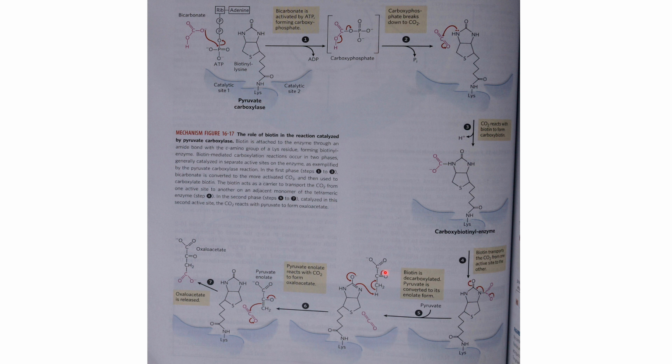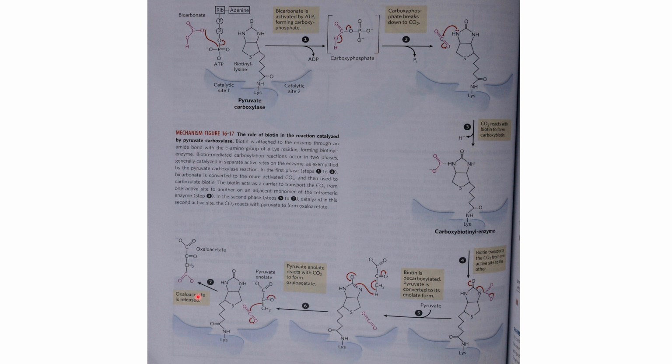So this is a pyruvate enolate, and it reacts with the CO2 right here to form oxaloacetate. You have an enolate formed right there, and the CO2 reacts with it and picks up a proton right here, and then it's released from the biotin molecule at this point, and you get oxaloacetate at this end.